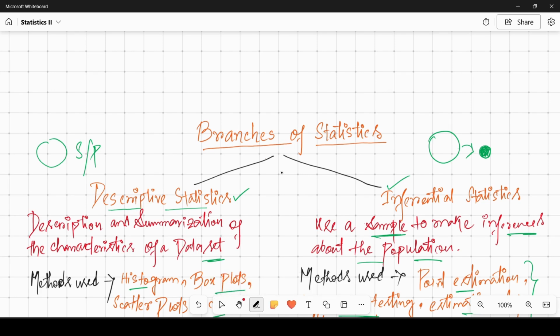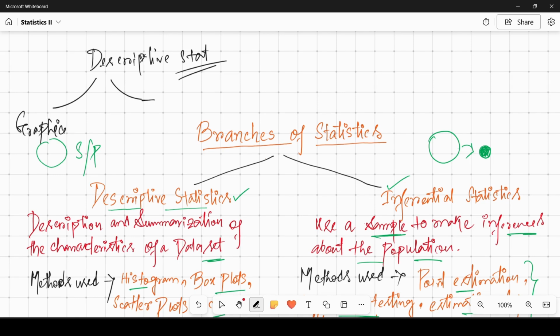These methods can be of two different types. Let's say descriptive statistics has two methods, two techniques that we can implement on the datasets. The first one is the graphical.